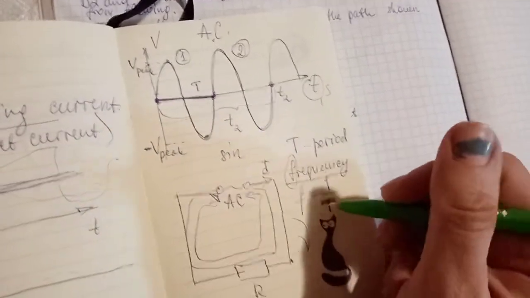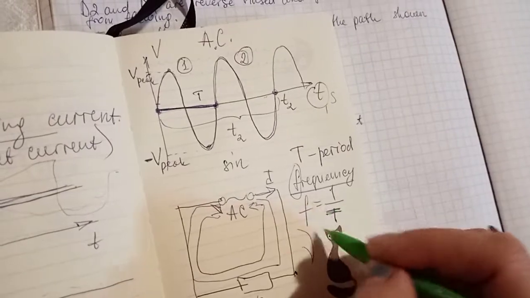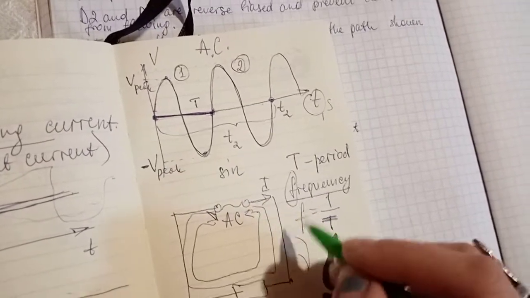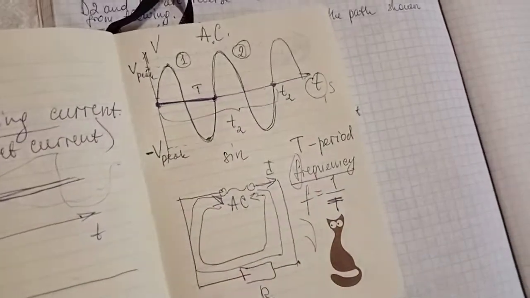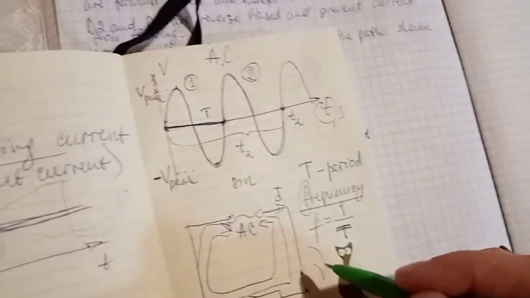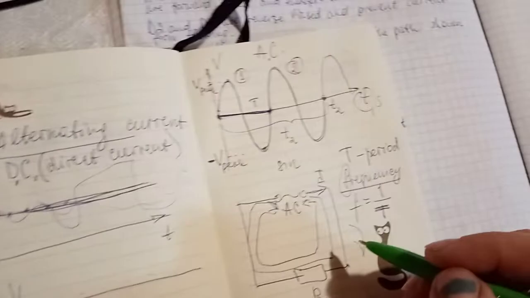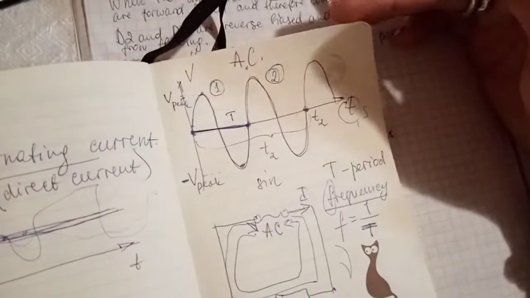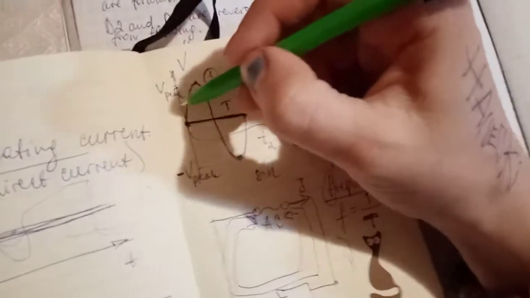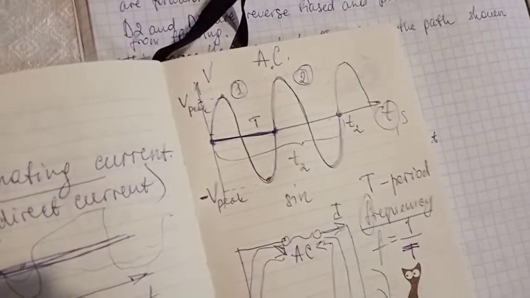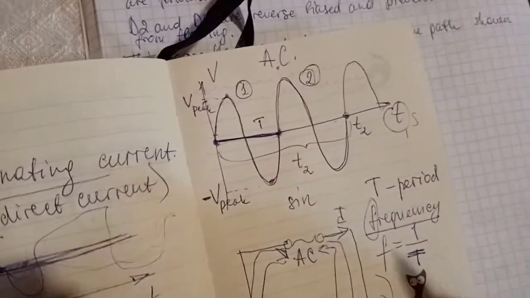But we can easily count the period from the frequency when we know one of them. That's it. Great. So what's next? Also a very important thing is called the RMS number.